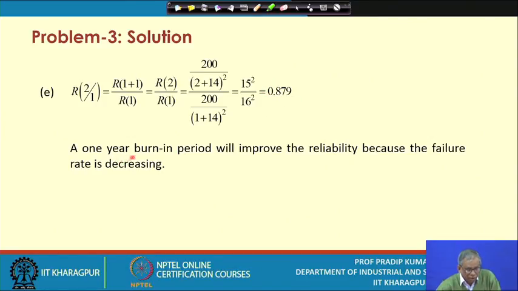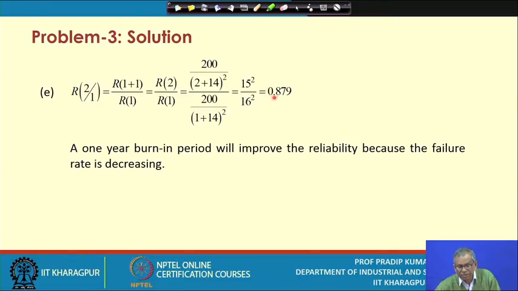This is the 1-year burn-in period. You have successfully overcome all the problems that you might face during the burn-in phase, and then the component starts working in the useful life phase. So the 1-year burn-in period is over, and obviously this will improve the reliability because the failure rate is decreasing.